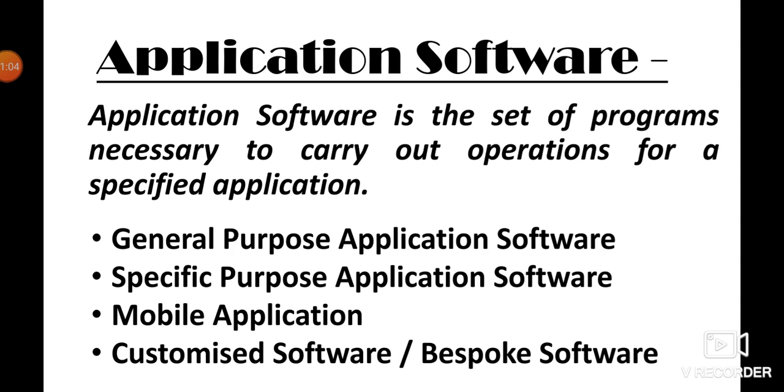You can understand by this example: a software that can perform the railway reservation function cannot prepare the result for a school. So these two are different kinds of software.